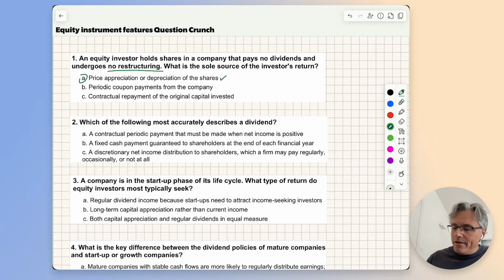Of course, why are the other answers wrong? Periodic coupon payments from the company, that's only going to be relevant to debt securities which pay coupons or interest. And contractual repayment of the original capital investment. There is nothing, and I've pointed this out in the previous videos strongly enough, I think, there is no contractual obligation for the company to repay anything to investors.